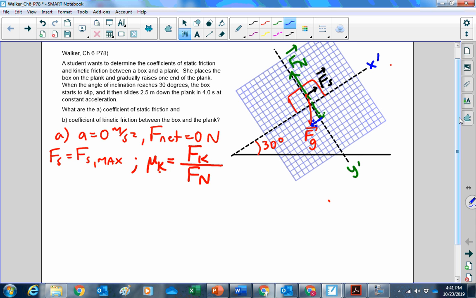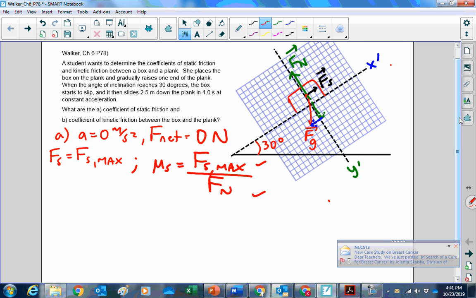Sorry, I'm talking about mu s right now. We'll get to mu k later on, so let me fix that. Mu s is going to be the force of friction over the normal force. So let's go finding each one of these, and then we'll be able to solve for the coefficient.